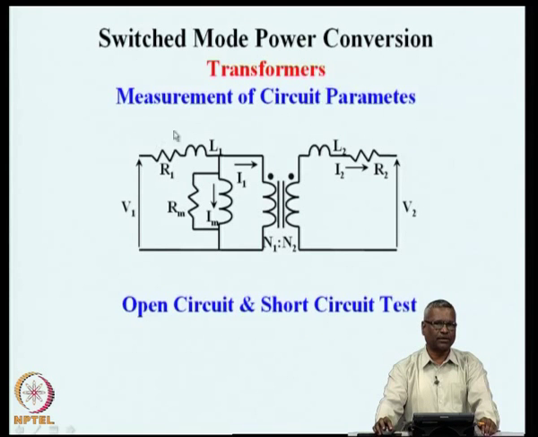It is a standard method of making suitable tests: DC resistance measurements, and then an open circuit test and a short circuit test. This is the standard method of evaluating the parameters of a transformer, and after having designed, evaluating the parameters will completely verify that our design method is good.